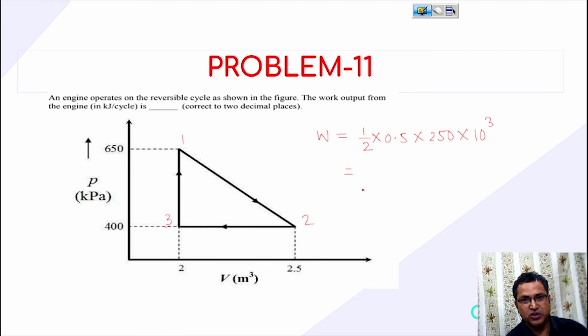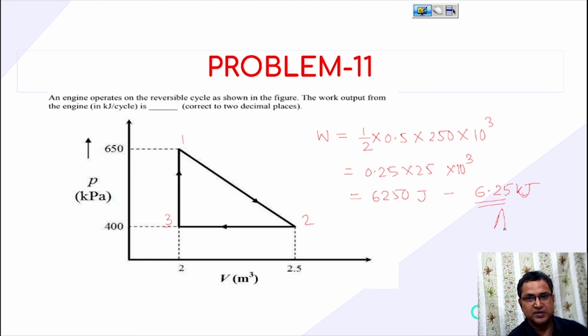So this becomes 0.25 multiplied by 250 into 10 raised to the power 3. This much joule, or 6.25 kilojoule per cycle. So 6.25 is your answer. Total work done in this particular cycle is 6.25 kilojoule.